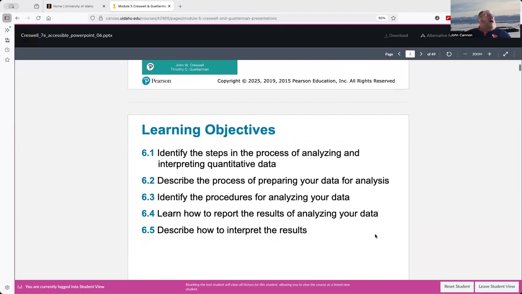Okay, so for chapter 6, the learning objectives are number one, identify the steps in the process of analyzing and interpreting quantitative data. Number two, describe the process of preparing your data for analysis. Third, identify the procedures for analyzing your data. Number four, learn how to report the results of analyzing your data.